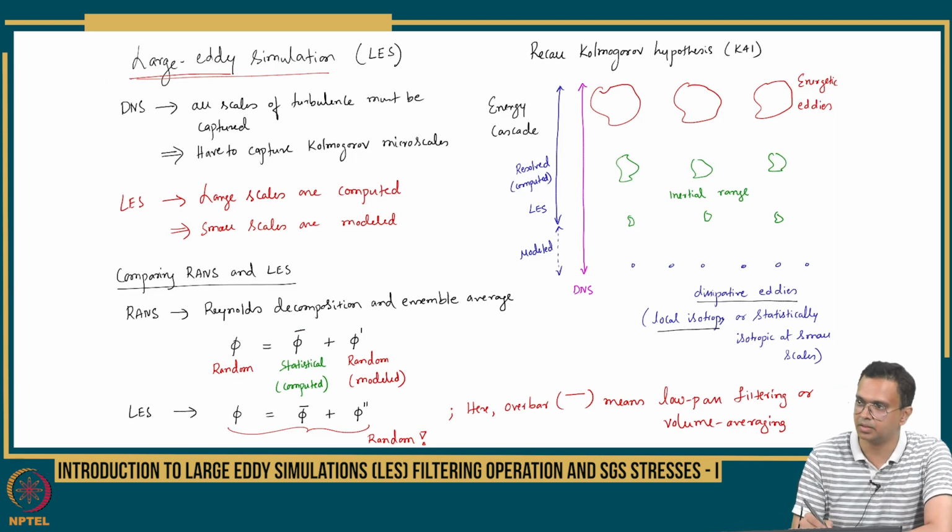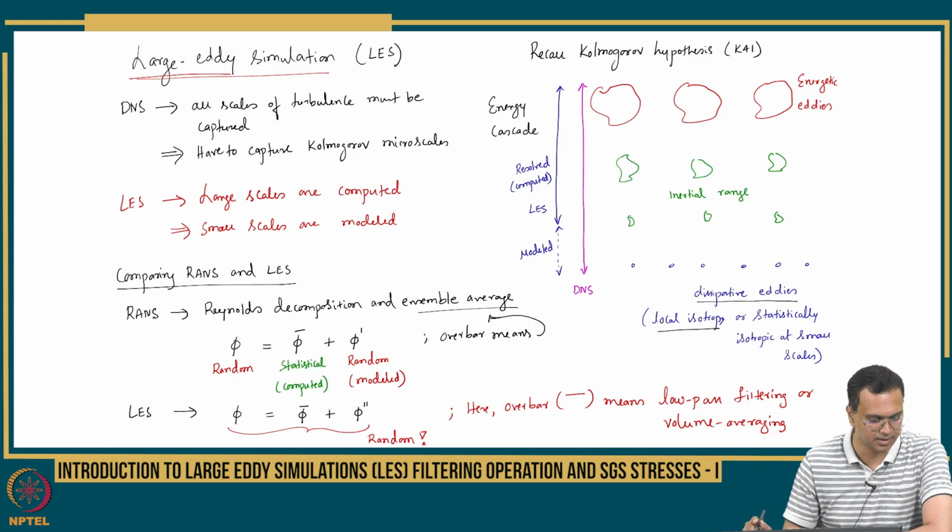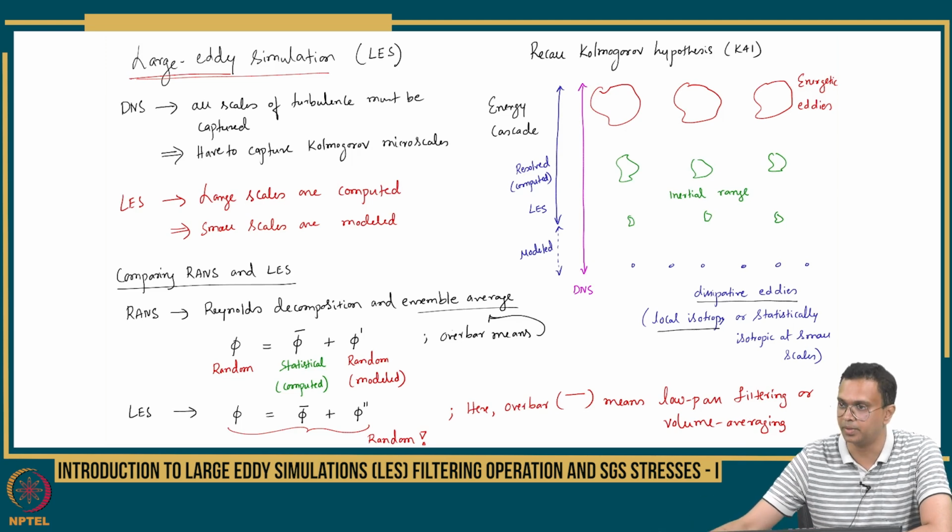In RANS, the over bar means ensemble average. But whenever I write an over bar in the LES chapter, it means low pass filtering or volume averaging, not your ensemble averaging. So now let's see what phi bar and phi double prime actually mean.